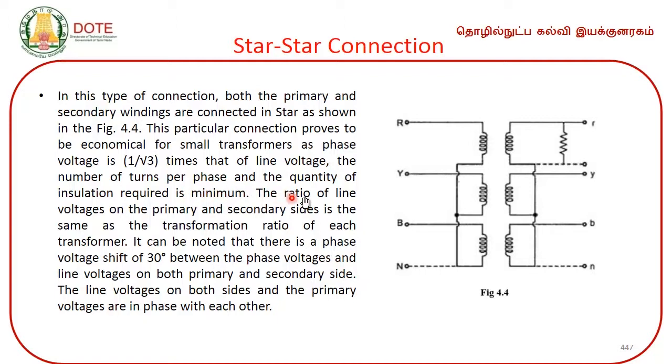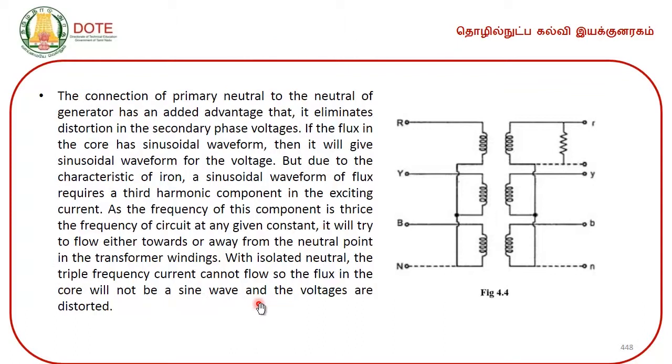The ratio of line voltages on the primary and secondary sides is same as that of the transformation ratio of each transformer. It can be noted that there is a phase voltage shift of 30 degrees between the phase voltages and the line voltages on both primary and secondary side. The line voltages on both sides and the primary voltages are in phase with each other.